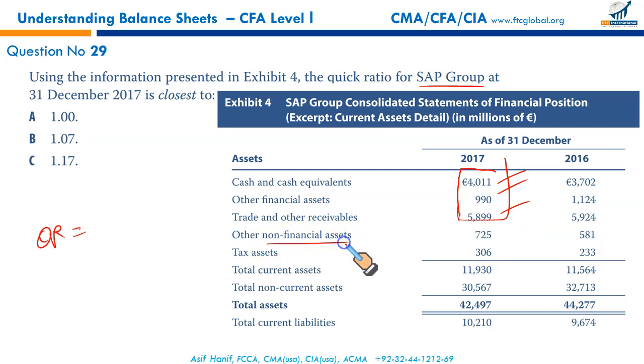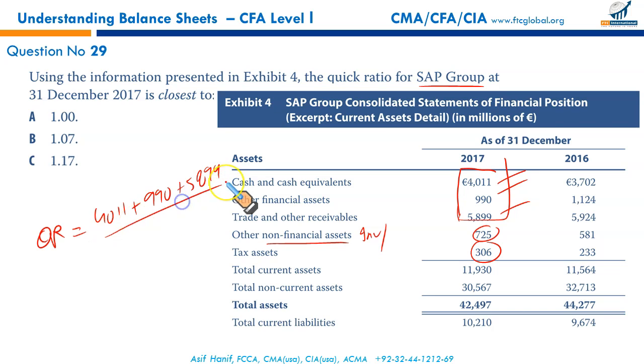Trade receivables. When it says non-financial assets, definitely they are talking about inventories and prepayments. They must be excluded. Tax assets also are irrelevant and not likely to be considered as current assets. So it's 4,011, 990 and 5,899. Divide it by the current liabilities, which are given here as 10,210.